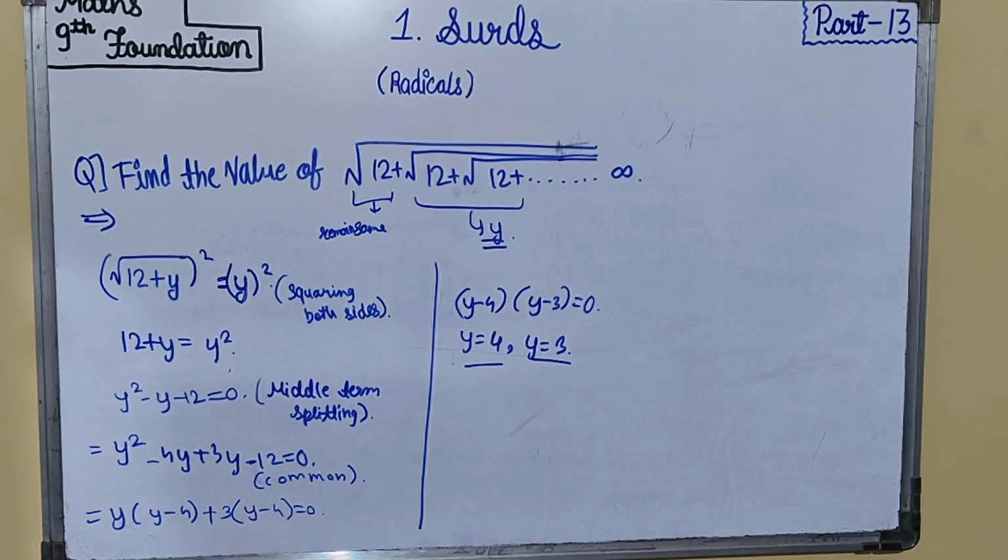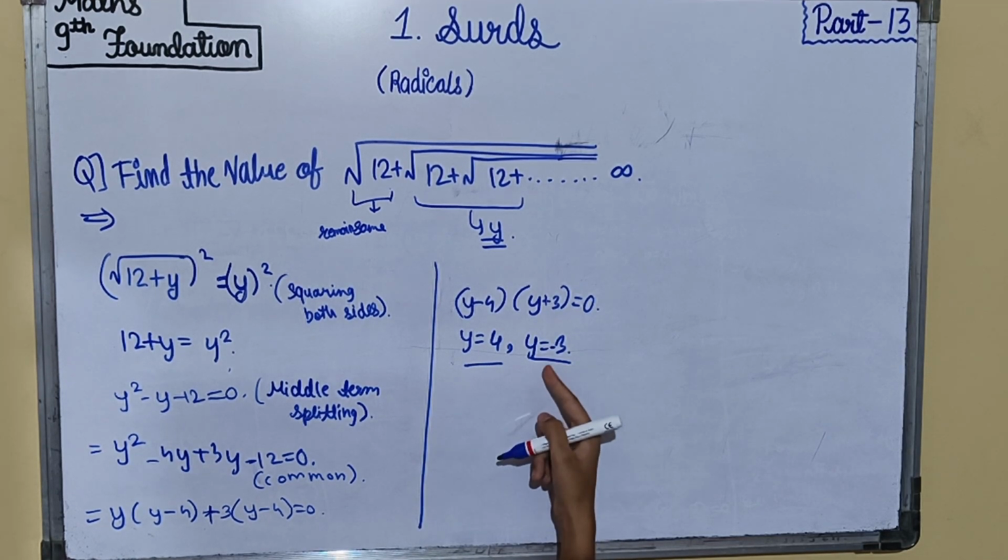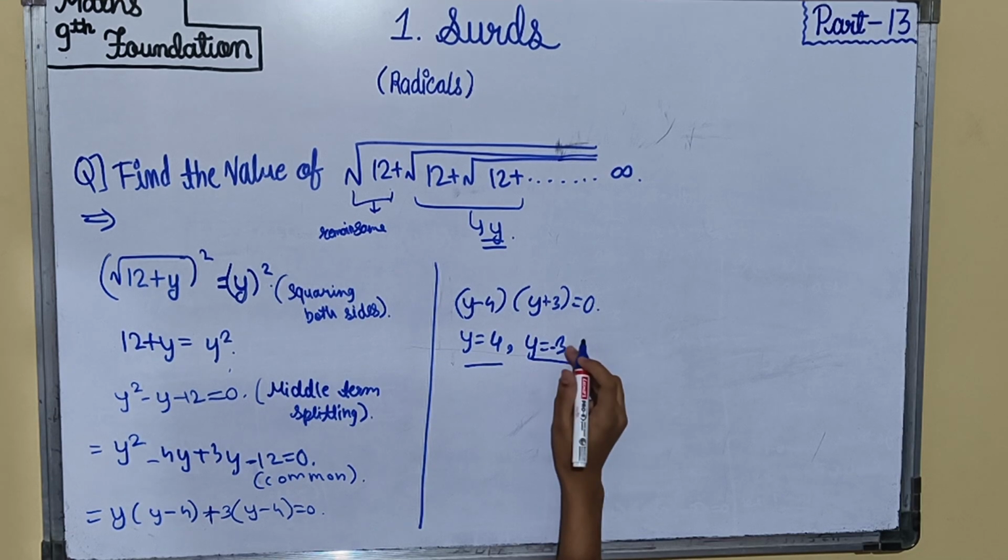This would be plus and this is as it is. So we'll get the value of y. The second y's value would be minus 3.